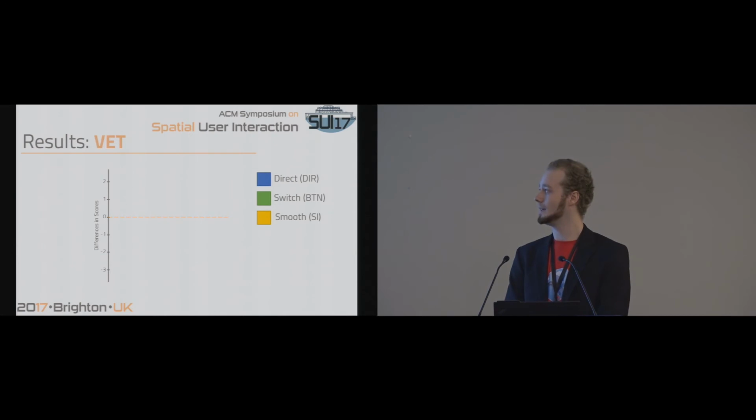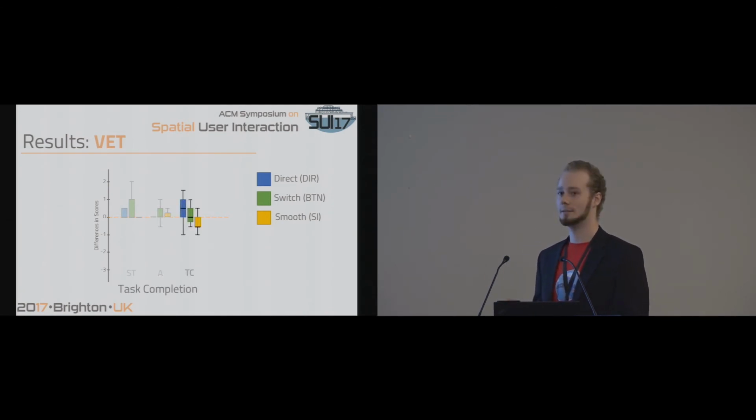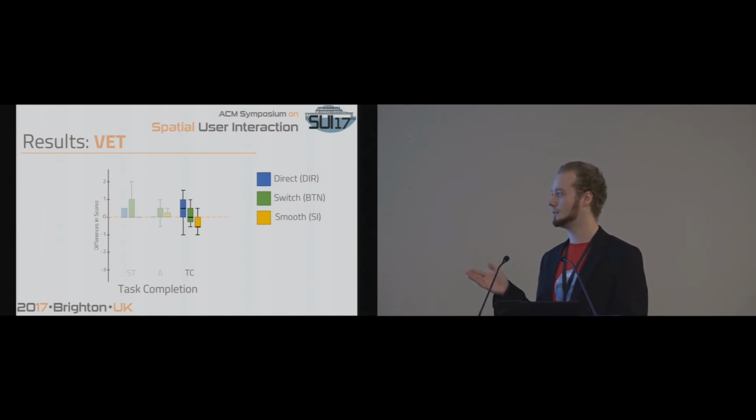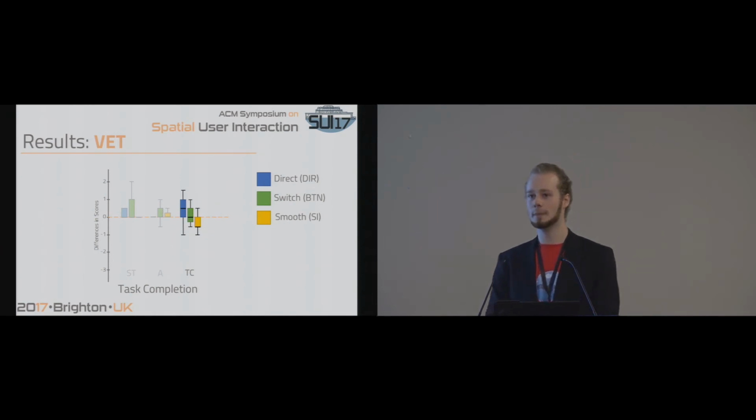So we once again did this for the visual experience test. And here we had the part of the storytelling and didn't find any interesting results, as well as for the active group. But in the task completion, we once again had very interesting results. As you can see, the direct immersion started with a higher score, the switch immersion with a value of 0, and the smooth immersion had a negative score.